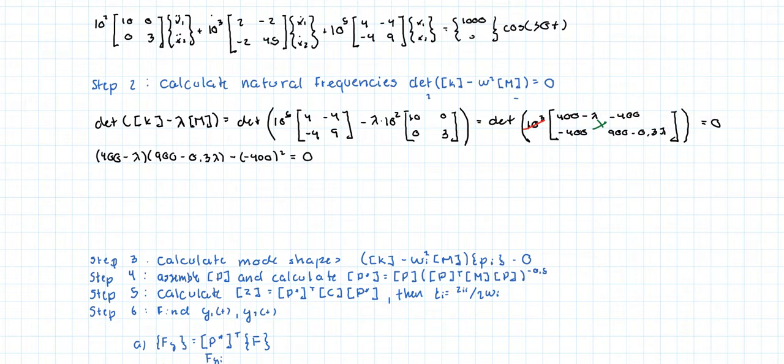And if you solve this, you're going to get lambda values, in ascending order, of 208.9154 and 3191.0846. Okay.